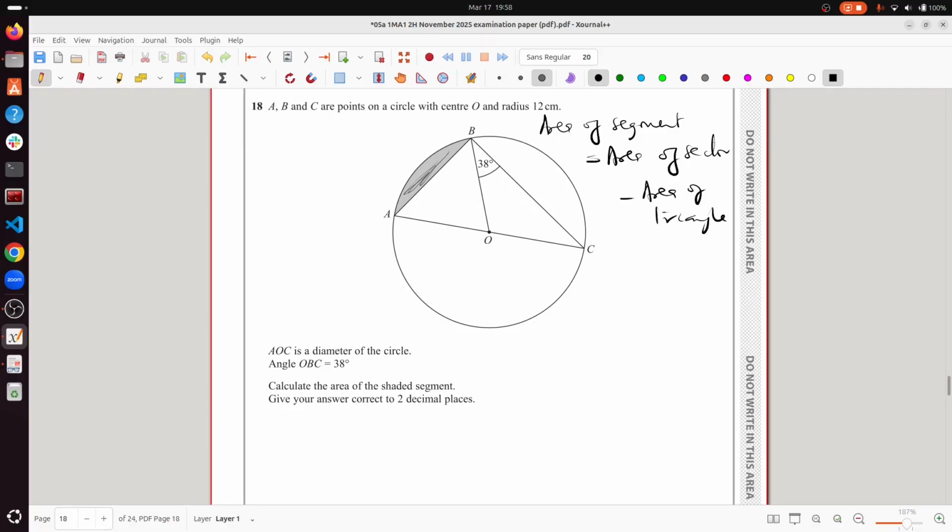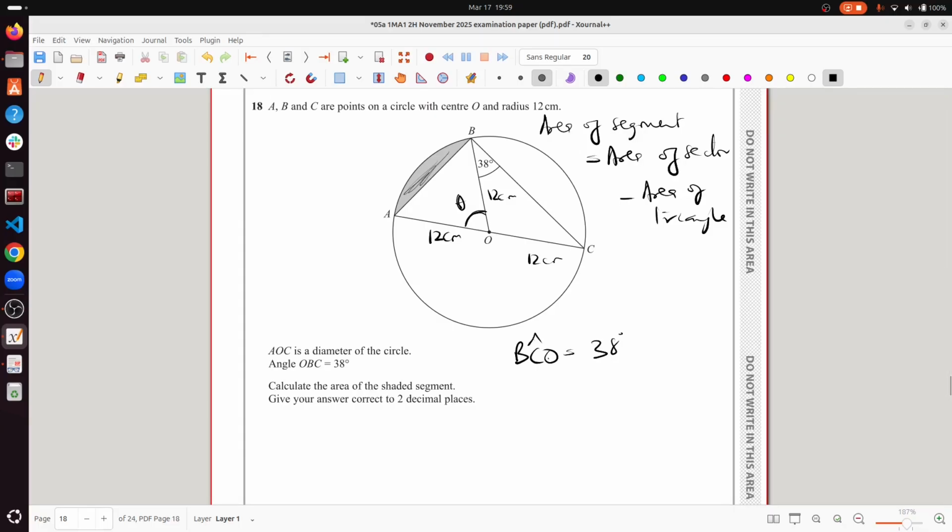One way I can find the area of that sector is to know what this angle is, because I already know that here is 12 cm, which is the radius, here is 12 cm, and here is also 12 cm. I know that this is an isosceles triangle, so BCO is also 38 degrees.